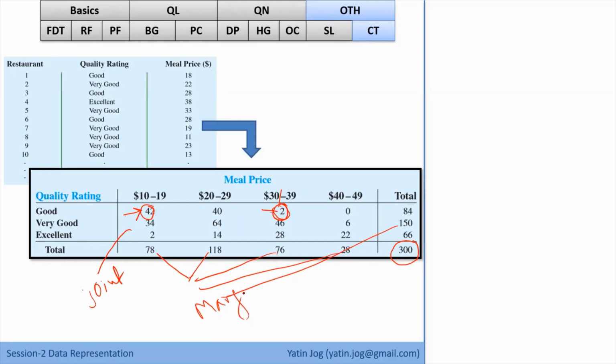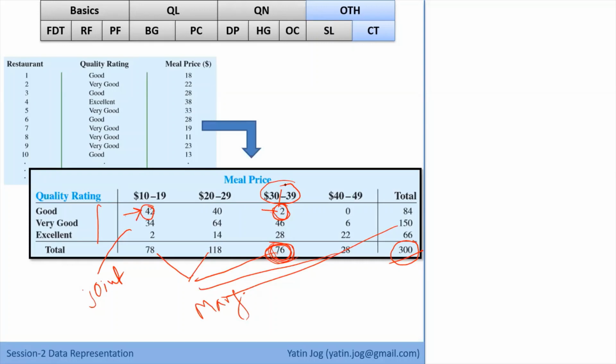Now what is the meaning of this 76? Irrespective of quality rating, 76 is a marginal value, and there are 76 restaurants out of 300 serving food with an average meal cost of $30 to $39.